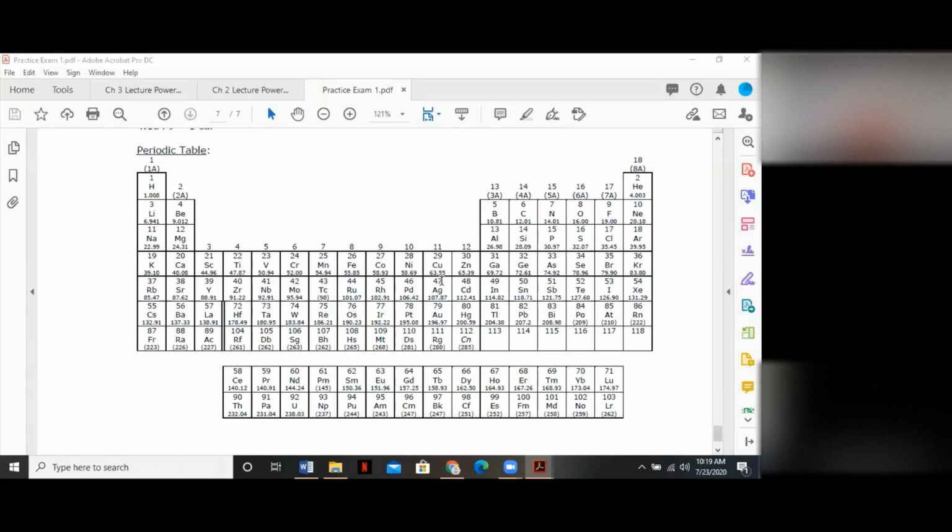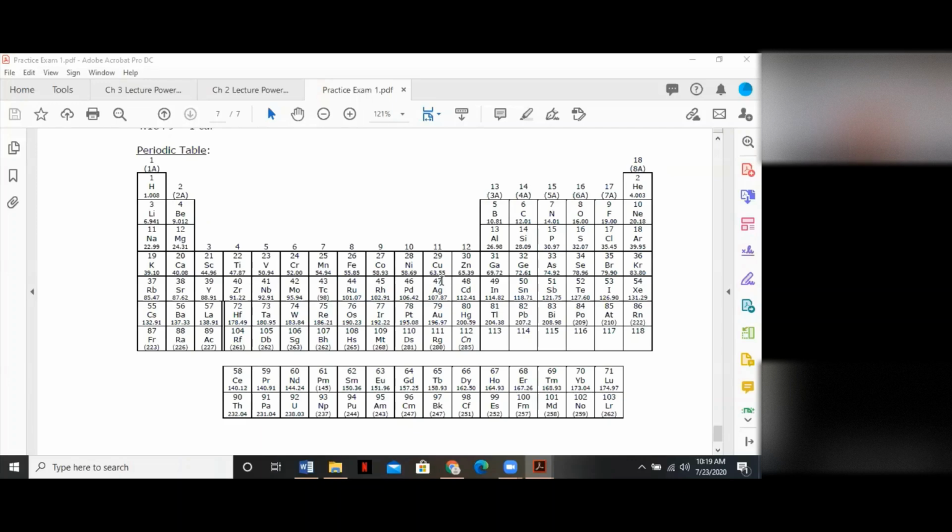So every single time you subtract the atomic number from the atomic mass, that gives you the number of neutrons. That's what it is when it comes to protons versus neutrons versus electrons, and it's very important that we are able to do this for any atom.